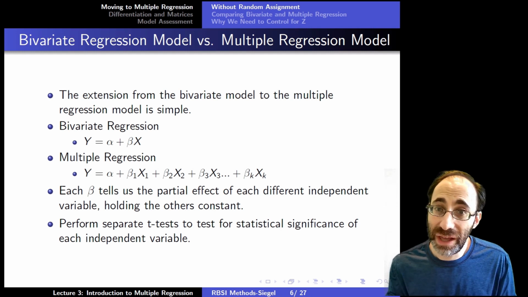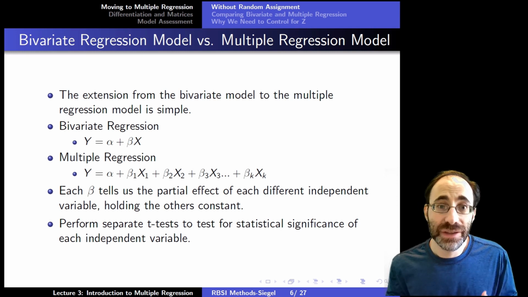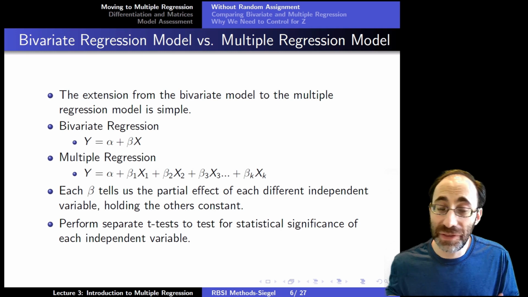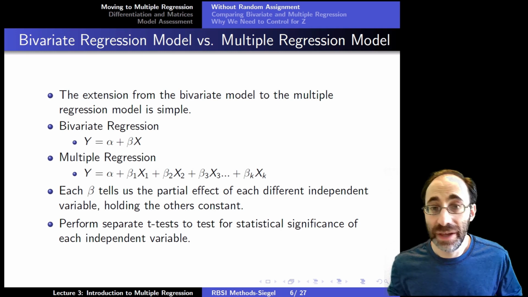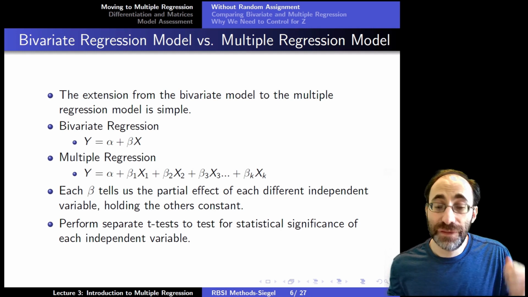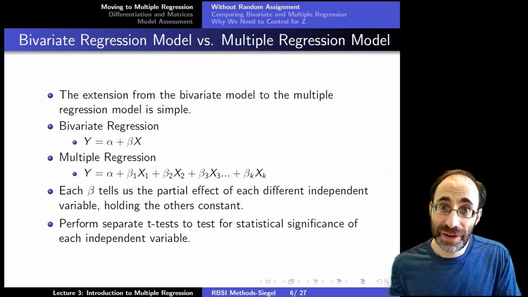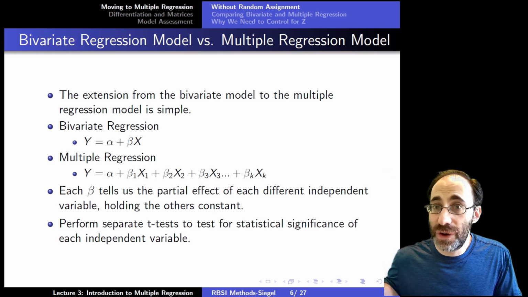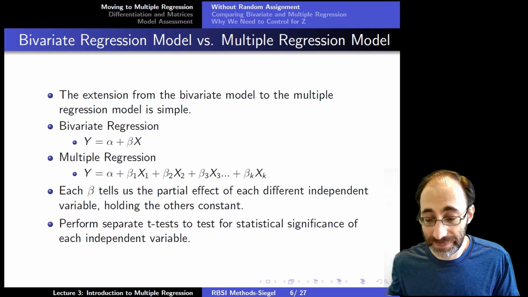We can analyze things the same way. The t-tests are the same. The standard for statistical significance is the same. The method to obtain it is the same. And it all comes from the fact that this multiple regression treats the effect of each independent variable on the dependent variable separately as if it's holding all the other variables constant.